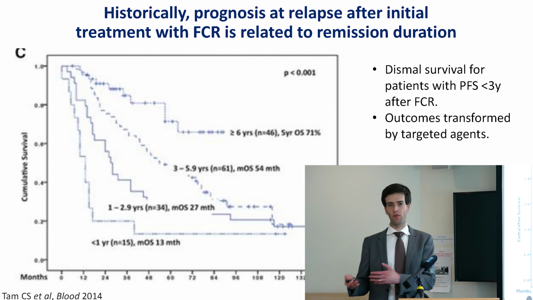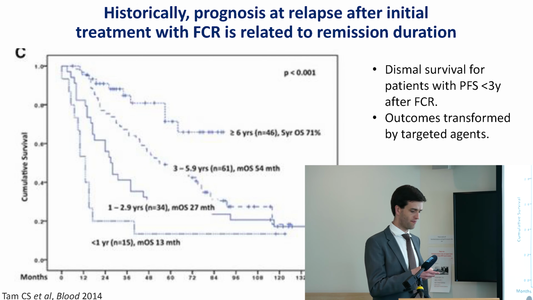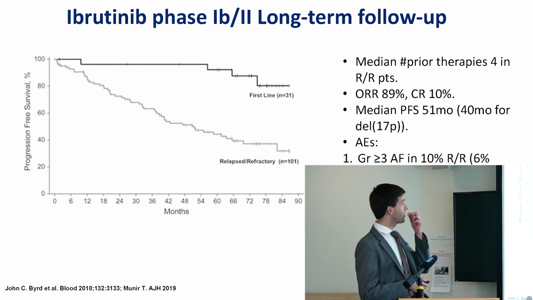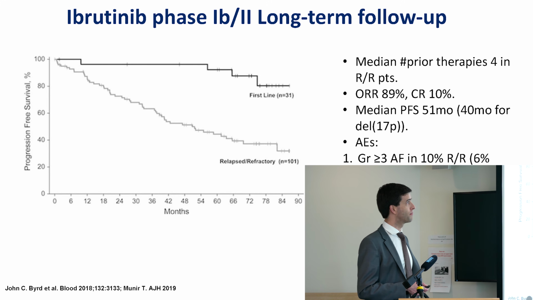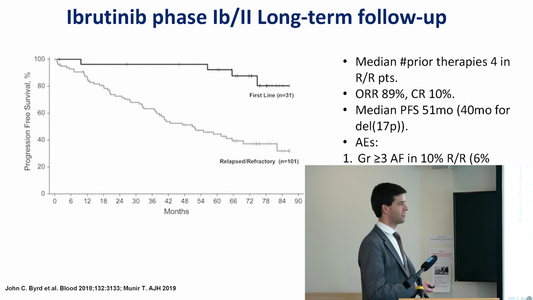But now that we have these new targeted medications, this has completely changed. So this is the first study of Ibrutinib, and we've been following patients out to 90 months here. These patients had all had a lot of treatment before.